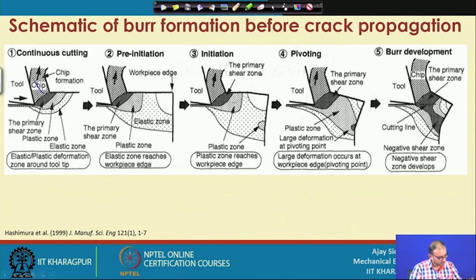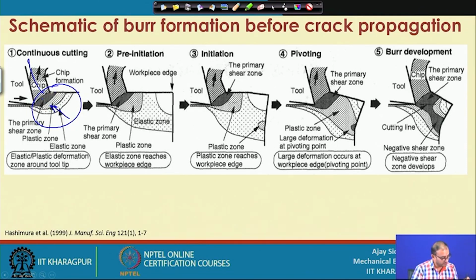So, this is the chip formation, no problem in that, and this is the primary shear zone, this is the plastic zone, and this is the elastic zone. When your tool tries to penetrate into the workpiece material, you will get a small deformation ahead of the tool movement. This deformation is actually inside the material, and it facilitates the material removal.